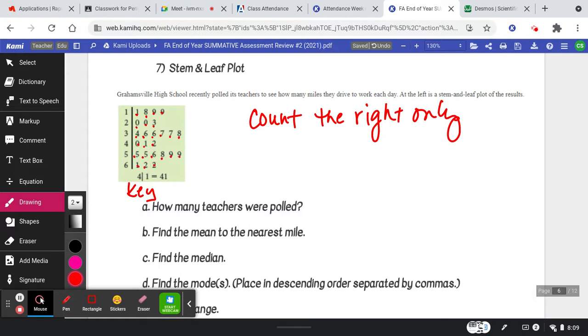And I'm going to start in the back today. I'm going to start with Leslie. Leslie, once you've counted on the right only how many pieces of data, let us know how many you got. 25. Good. Everybody else get that number? So do not count the left numbers. Those are just our tens place holders. Only count the right.